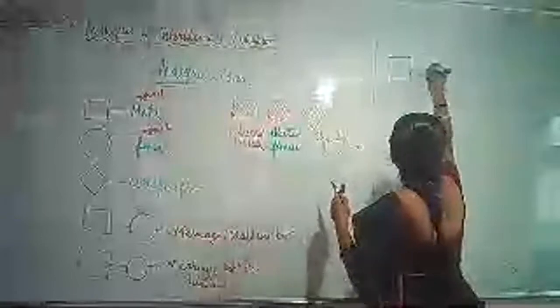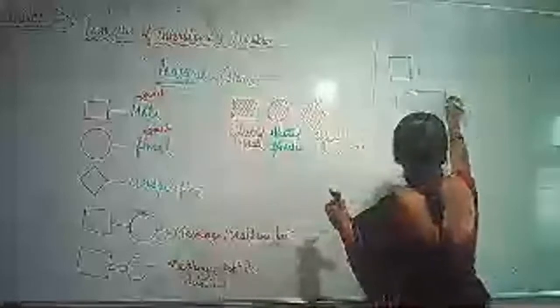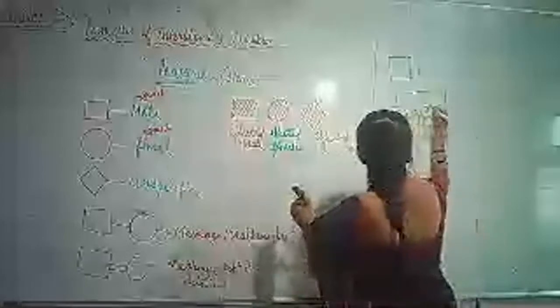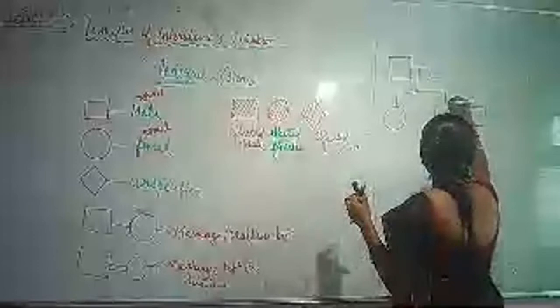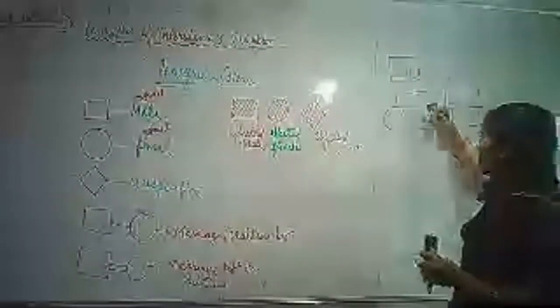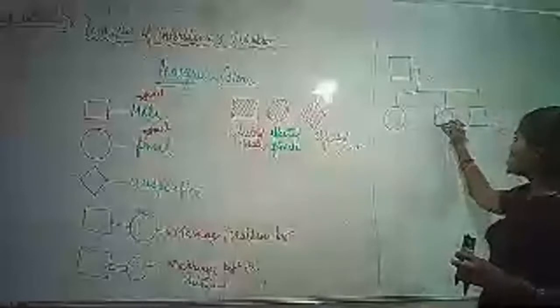Now here, if the symbol is showing this, can you tell me what it indicates? It indicates parents with their next generation. For example, if I do like this, what does it indicate?